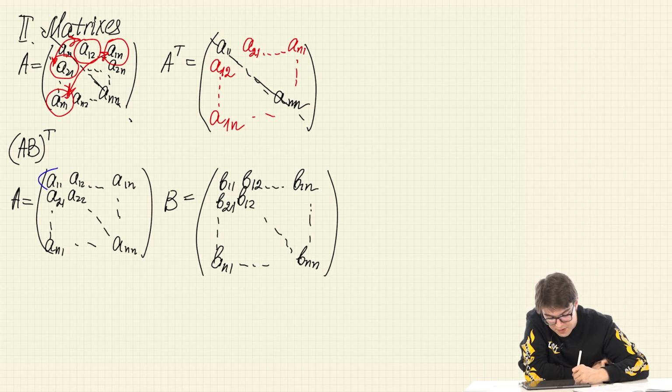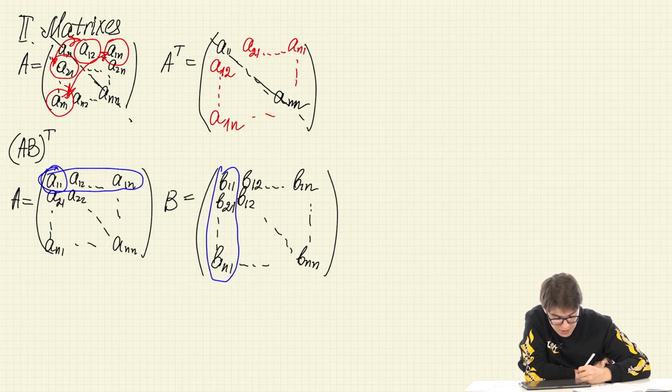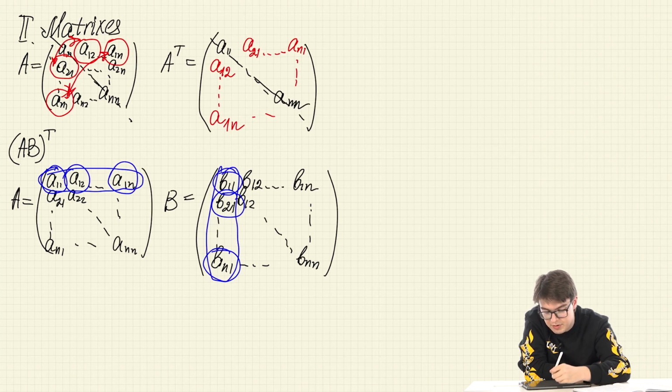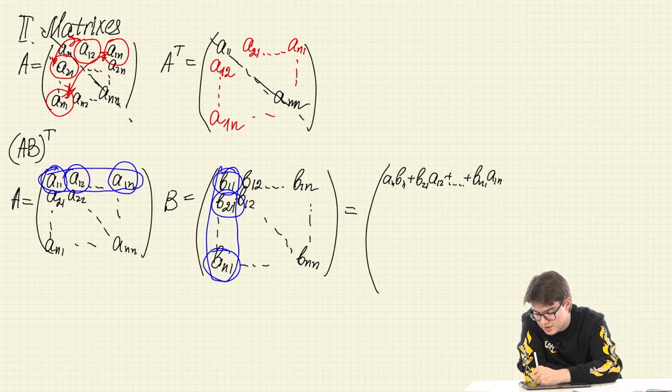So we take the first row, the first column, each element we multiply by the corresponding one and add the result. So this is the result for the first element: A11 B11 plus A12 B21 plus, and so on, plus A1n Bn1. This is the first element of the matrix.